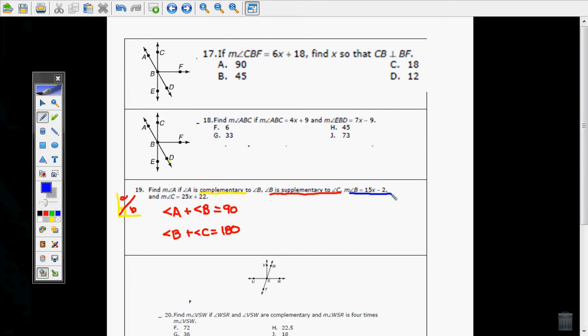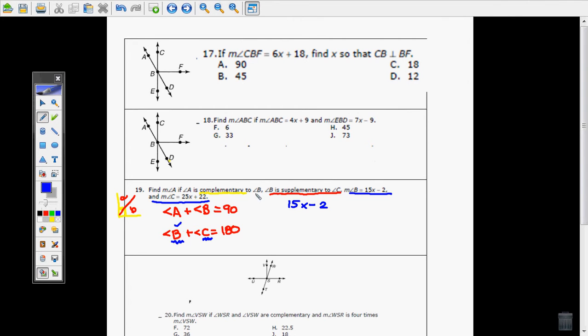Angle B is 15x minus 2. Angle C is 25x plus 22. Well, that looks like it'll be more helpful here where I have an equation with information about B and C. Angle B is 15x minus 2, so I can substitute that in where that was.